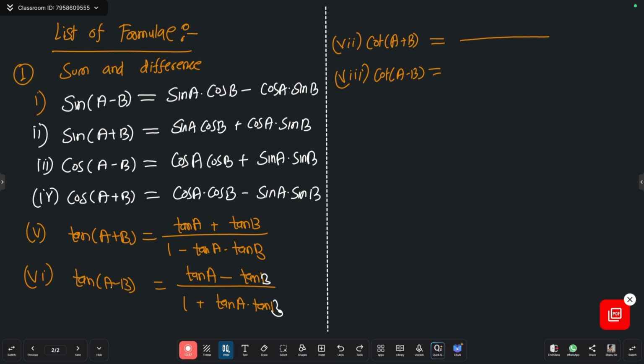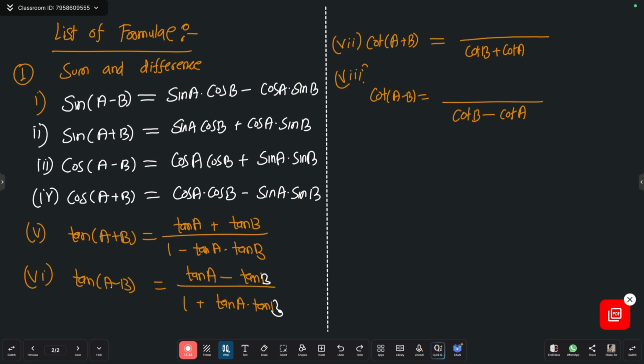So cot of A plus B would be cot B plus cot A in the denominator, and similarly cot of A minus B is cot B minus cot A, first B angle, then A angle. Denominator over. Now fill the numerator part.